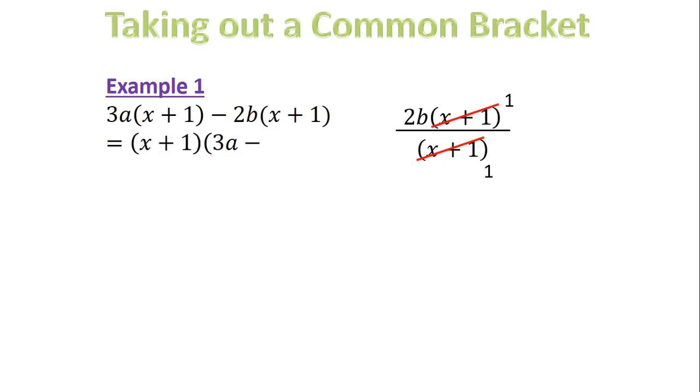And we write it down. Almost finished, but we need to remember to close the bracket. Very important. So if we want to take out a common bracket, for example 1, you'll see we have x + 1 as our common bracket, and when we've taken that out, we have 3a - 2b.